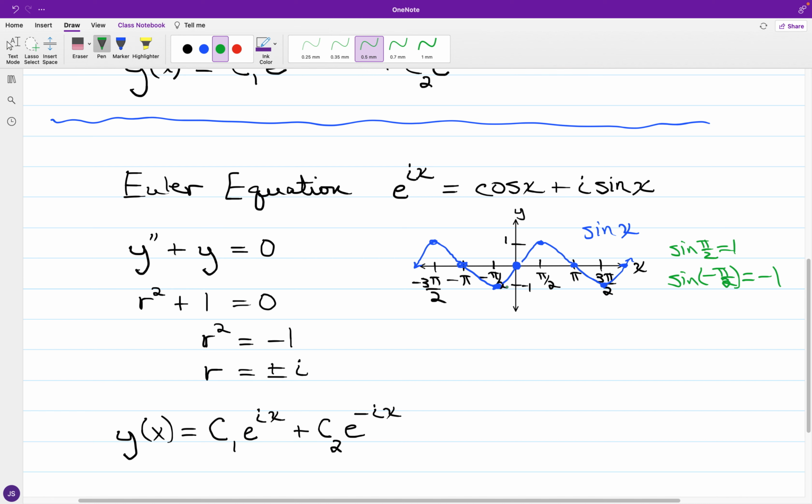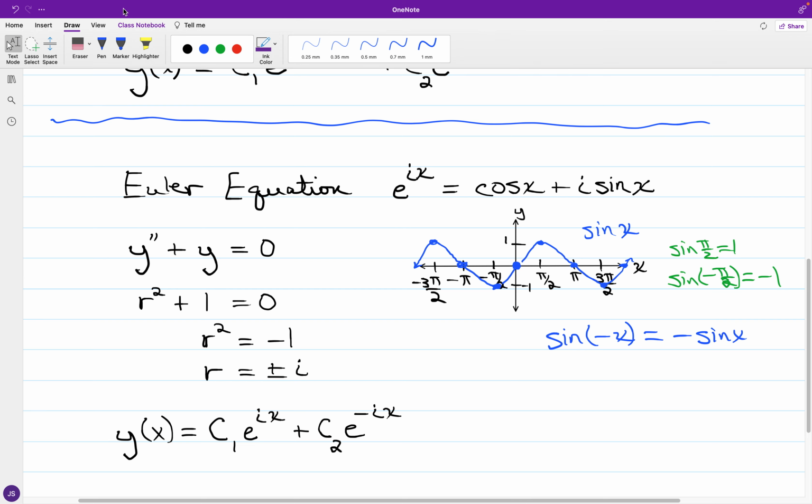And anytime you have additive inverse angles, you're going to have additive inverse outputs. So in essence, the sine of negative x is equal to the opposite of the sine of x.